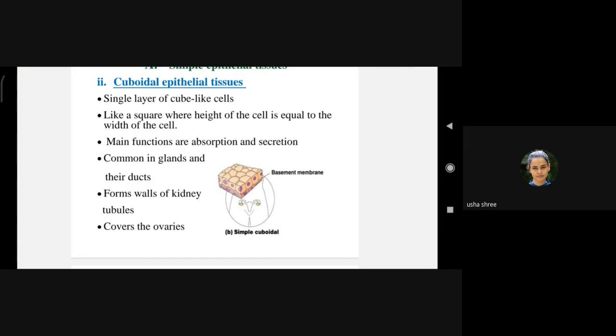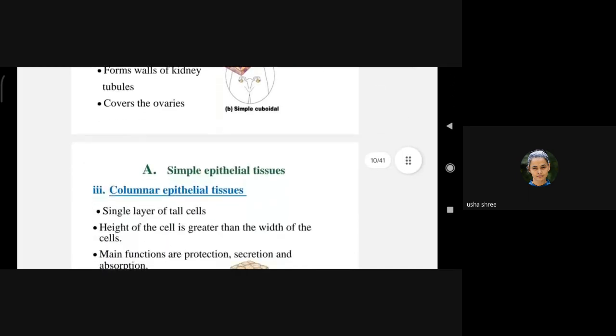Their function is to secrete and absorb, form walls of kidney tubules, and cover the ovaries.